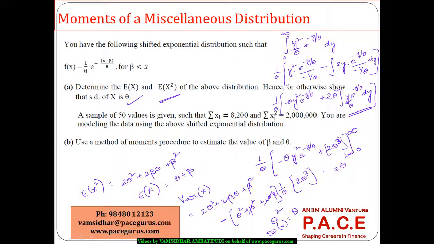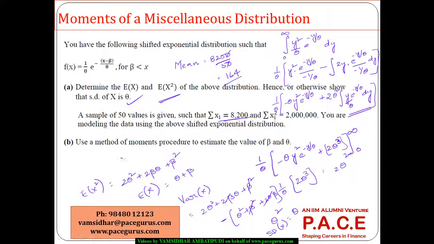Fair enough. Now, a sample of 50 values is given such that sigma xi is 8200. So the sum is 8200, which means I can find the mean: 8200 by 50, which gives me 164.